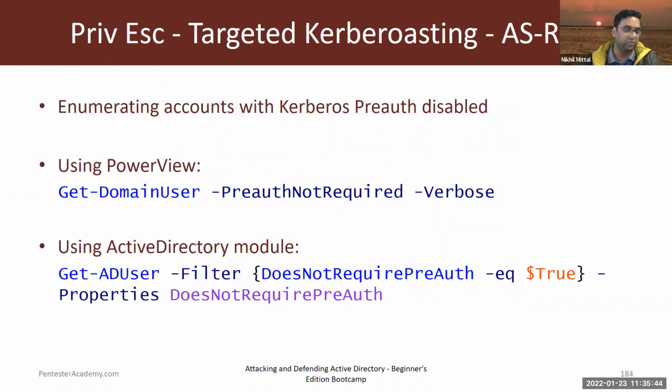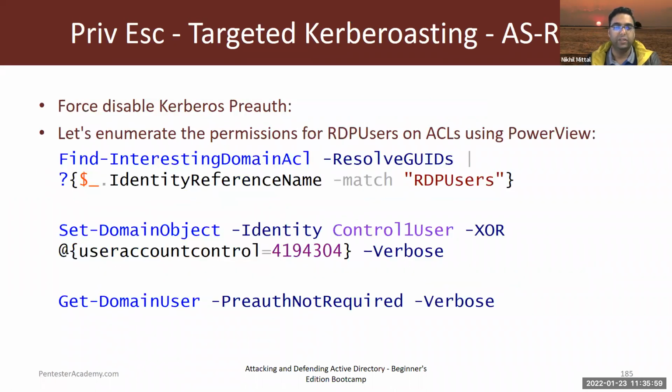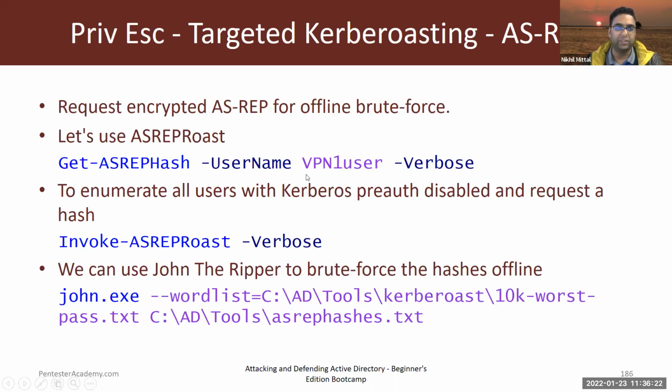So how do we enumerate accounts that have Kerberos pre-auth disabled? Using PowerView, we can use Get-DomainUser -PreauthNotRequired. Using the AD module, we can use the filter DoesNotRequirePreAuth. In our lab, there are two sets of users where you can practice this. There is a set of users called VPN X users that already has pre-auth disabled.